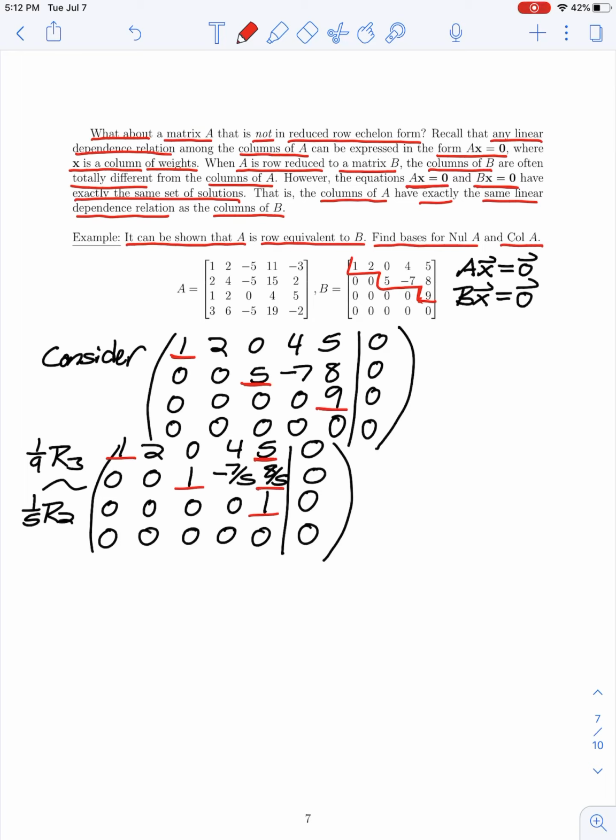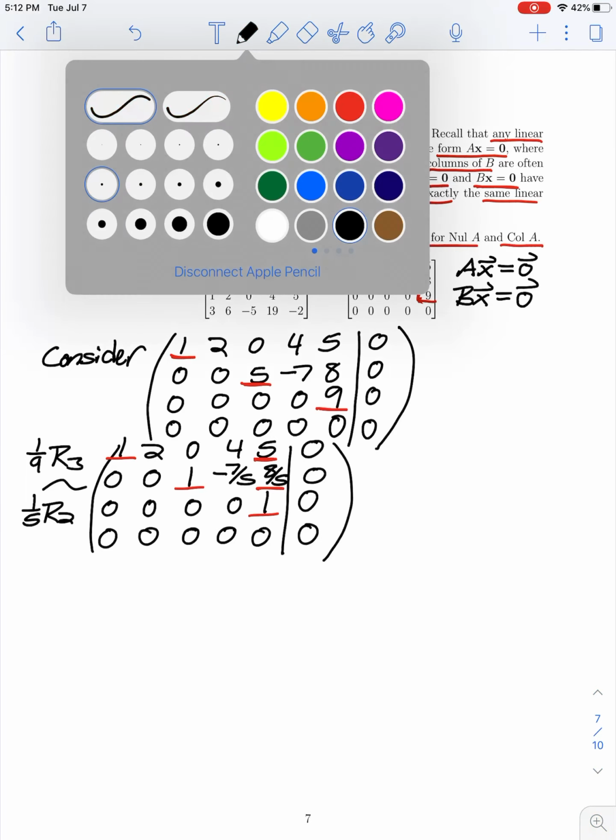So now I have leading entries of 1 in each of these rows, but I need to eliminate the 5 and 8/5 that appear above the leading 1 in my third row. I can easily do that by taking row 1 minus 5 times row 3, and row 2 minus 8/5 times row 3.